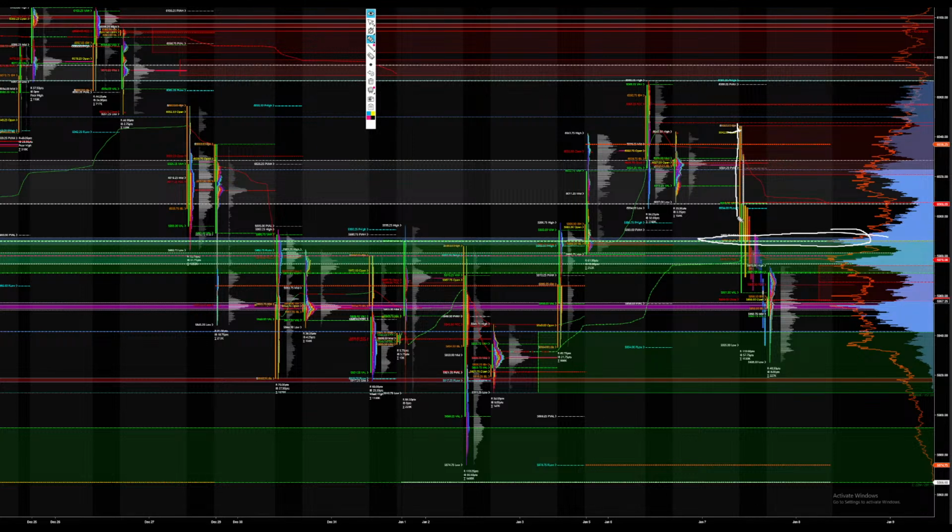When it drove lower, I was in a short here as well, and I got my stop hit at break even after I took some profit. My initial stop would have never got hit, but that's okay because I was looking at short pops.